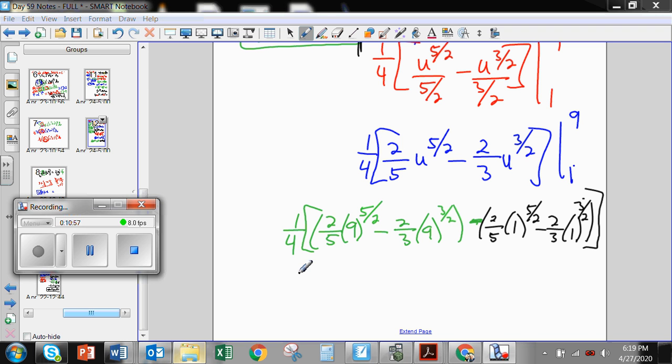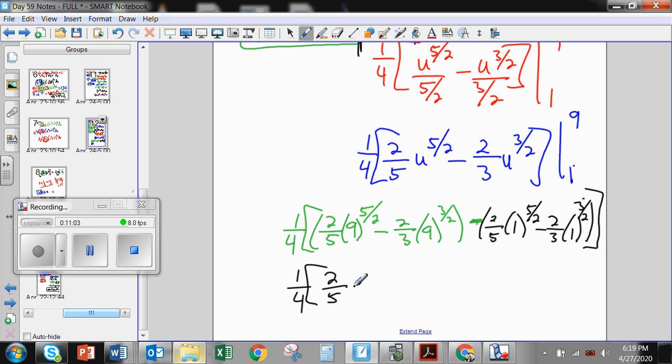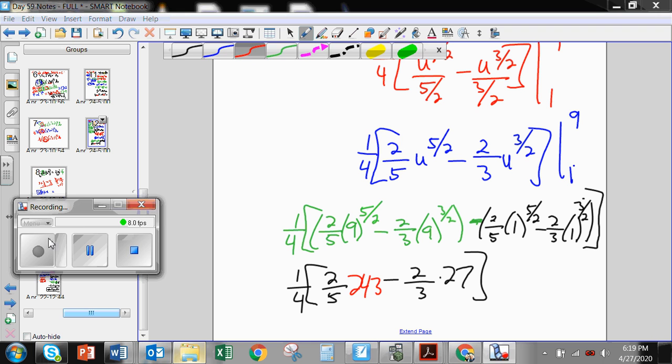Actually, I'm going to leave that as a power, and then we can use our calculator to check the answer. So this is going to be 3 to the 5th minus 2/3. This is 3 to the 3rd, which is 27. That one's easy. What's this? 81. That's 243.